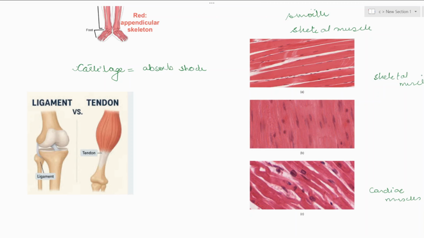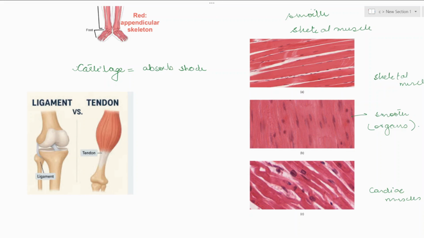While all the organs like stomach, liver, lungs are made up of smooth muscles. They make up the organs.